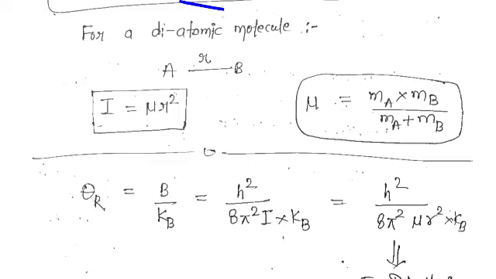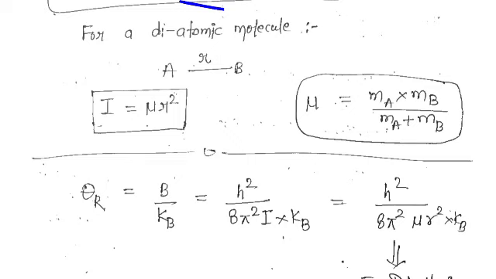For a diatomic molecule we usually take the reduced mass, which is mA into mB over mA plus mB, because we cannot just add the weights of A and B. We have to take the reduced mass. So the formula of the reduced mass is given here.